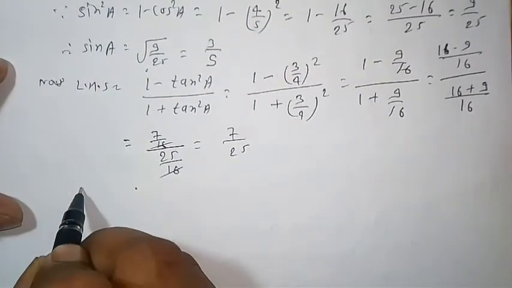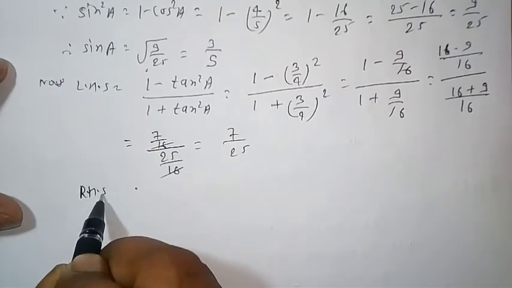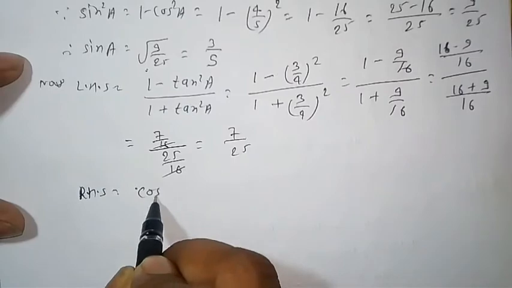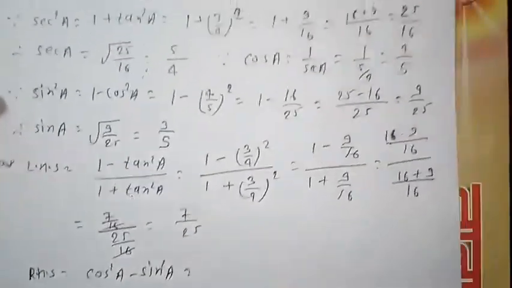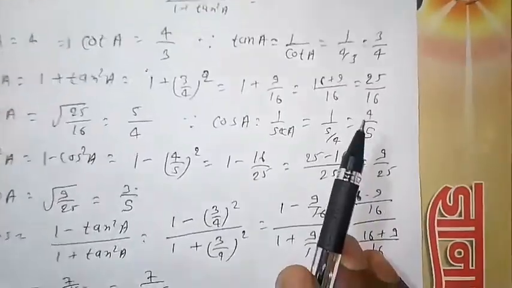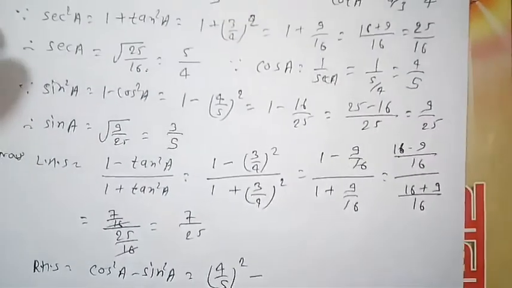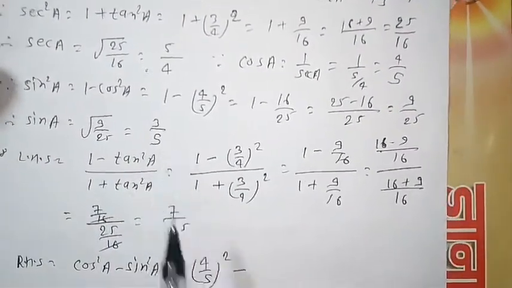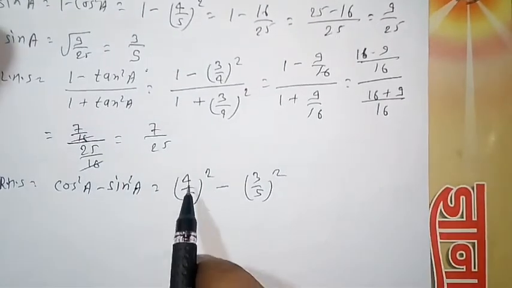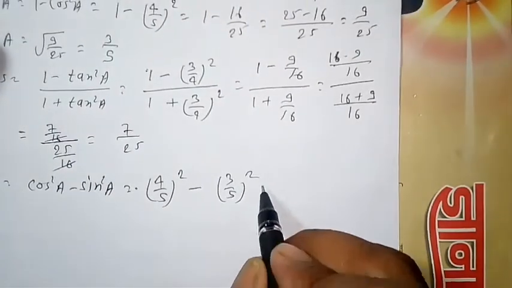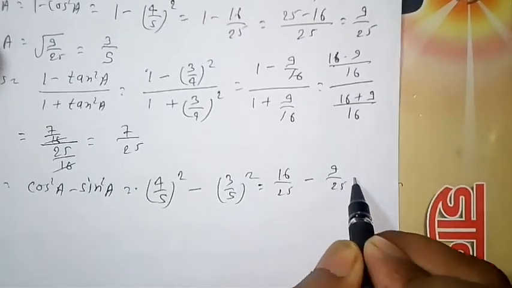HCF, LHS, RHS. RHS is equal to cos square A minus sin square A. Cos A is equal to 4 by 5, sin A is equal to 3 by 5, so it is 4 by 5 the whole square minus 3 by 5 the whole square, which is equal to 16 by 25 minus 9 by 25.